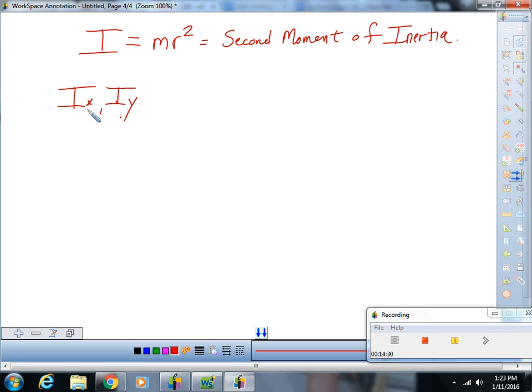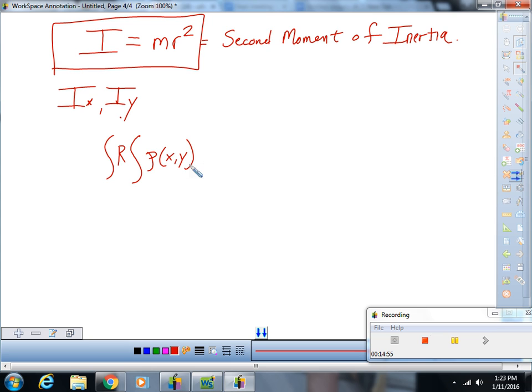If we understand this, then we should be able to go from there to an integral, because we know what mass is. It's the double integral over a region of the density function dA. Now what do we want to multiply it by? We want to multiply it by r squared. How far is r from the x-axis?